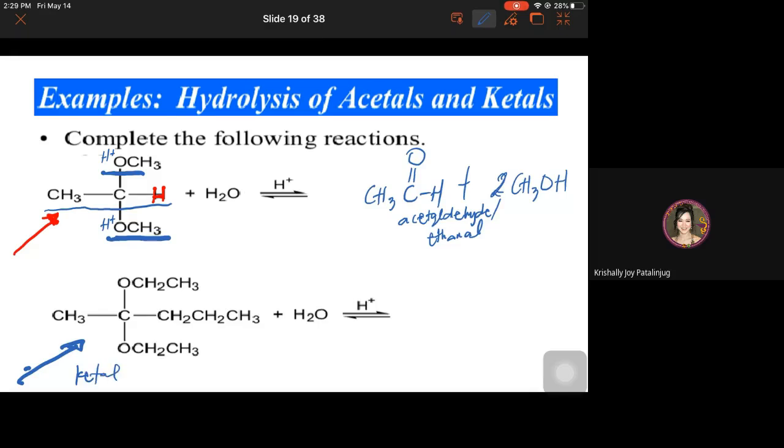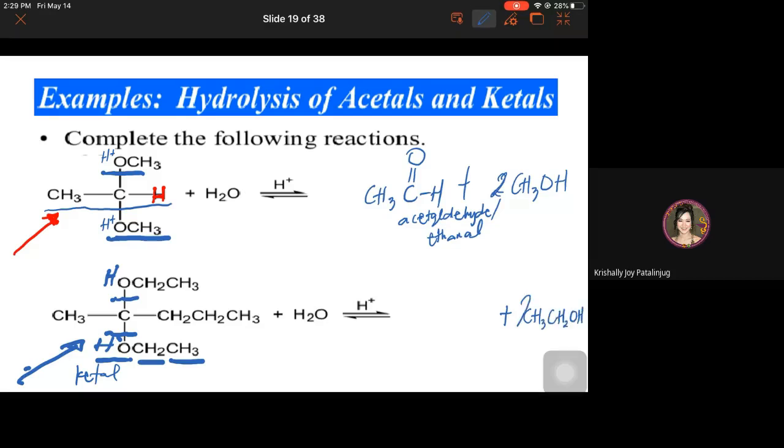Next. Obviously, this one is a ketal, since there is no availability of hydrogen at the fourth bonding position. So again, protonate. This will be removed in the form of excess ethanol. Ethanol is CH3, CH2, OH.